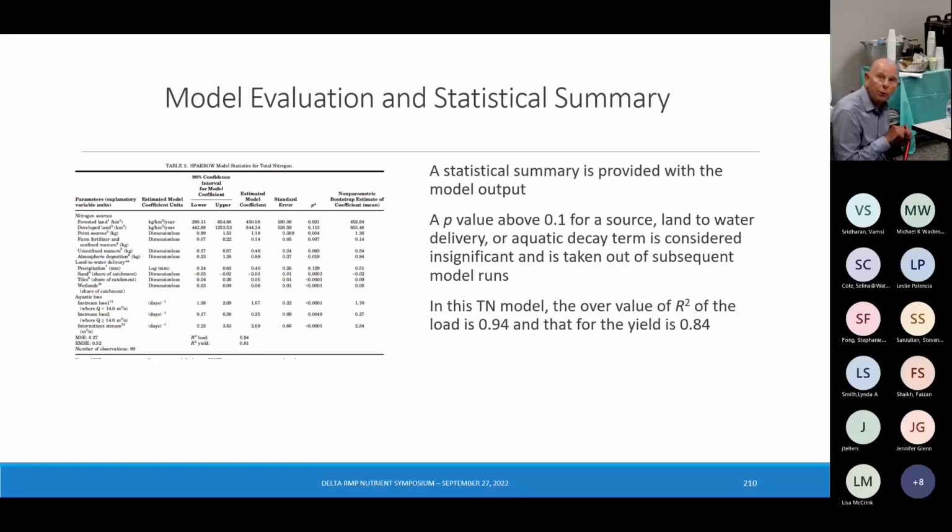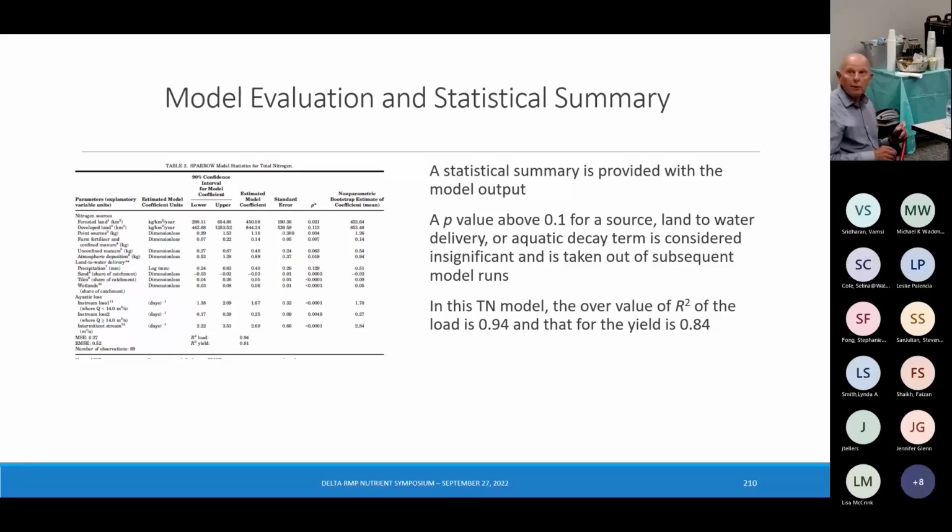It's hard to see, but for percent sand, there's a negative coefficient. So a negative coefficient indicates a loss. A lot of nitrogen, as we know, is lost from the Central Valley, from the water, and it ends up in the groundwater of the San Joaquin Valley, right? So that's why that's a negative term. And then streams of different sizes were also significant for aquatic decay.